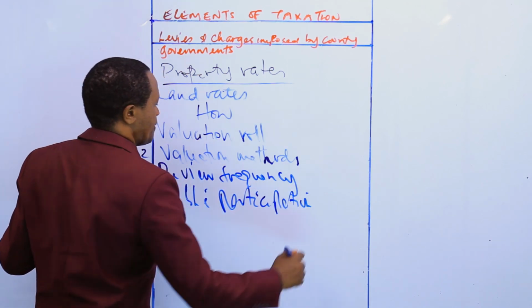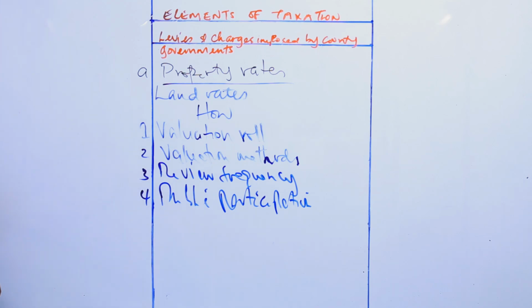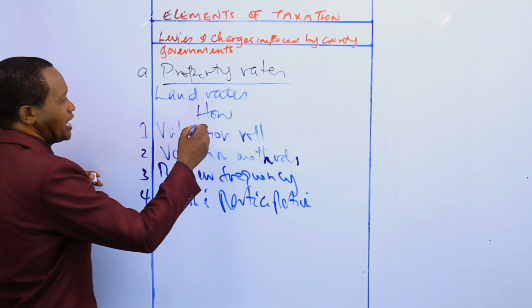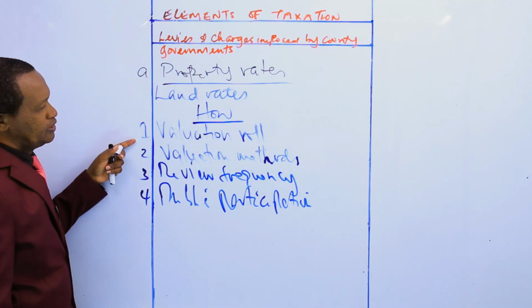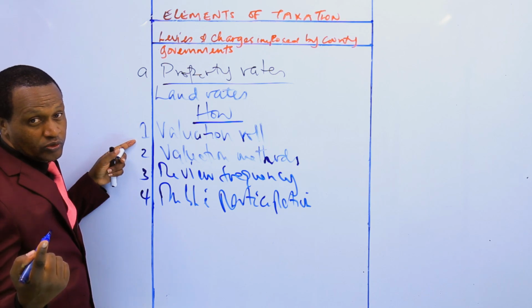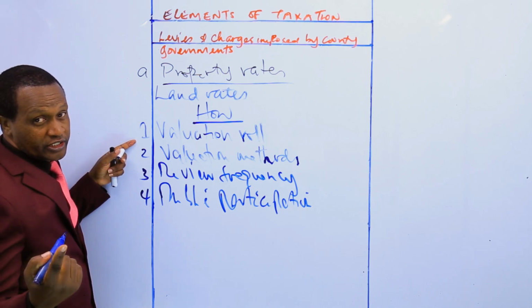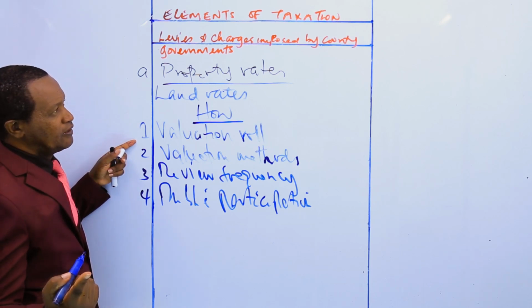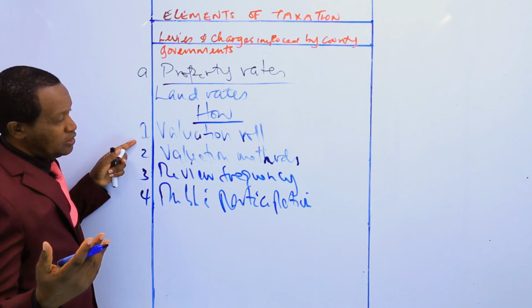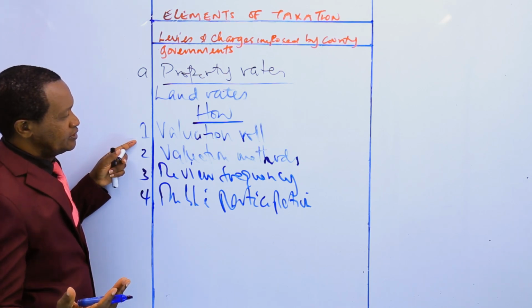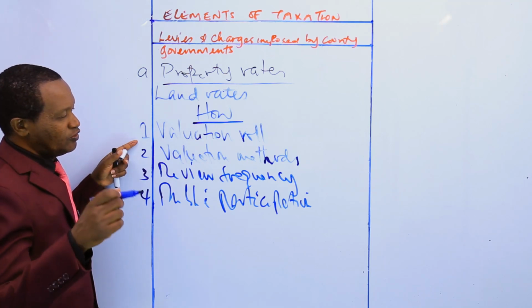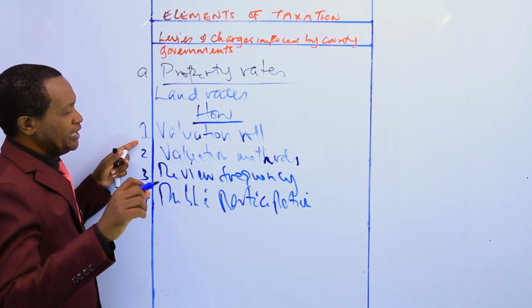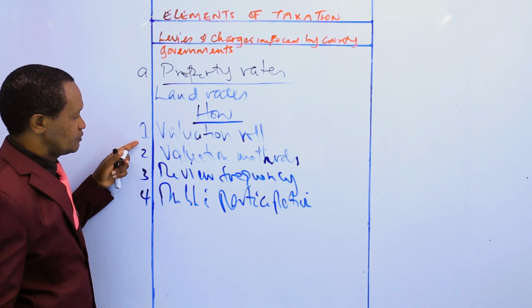We are discussing how property rates are determined. The first point, we say there has to be a valuation roll, which is a register of all properties that are subject to these rates, including the assessed values.